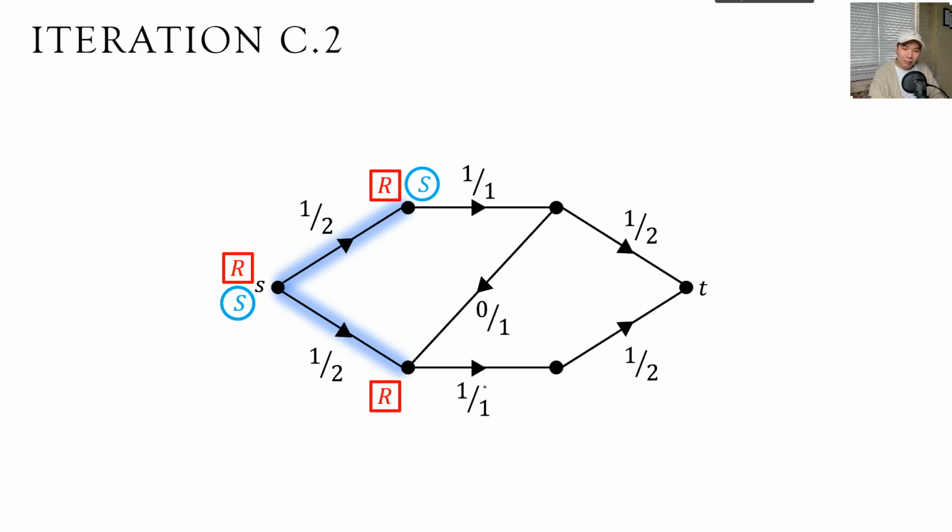Now let's move to this bottom one. We're pretty much going to do the same deal. If I look at this bottom vertex in iteration 3, for this forward edge, I will not use it unless flow is less than capacity. But here flow is equal to capacity, so I cannot use this edge. So this forward edge cannot be used.